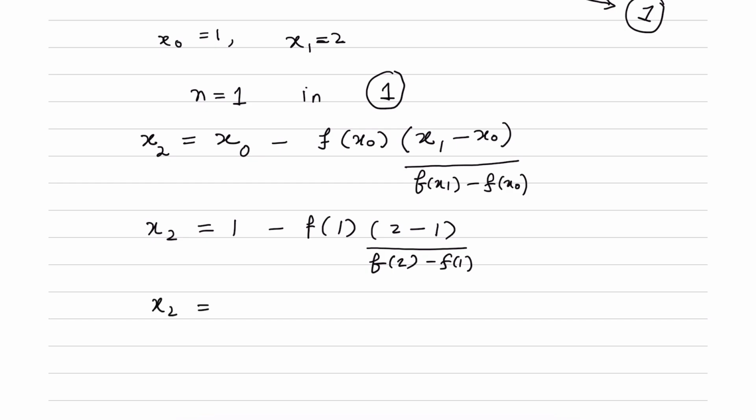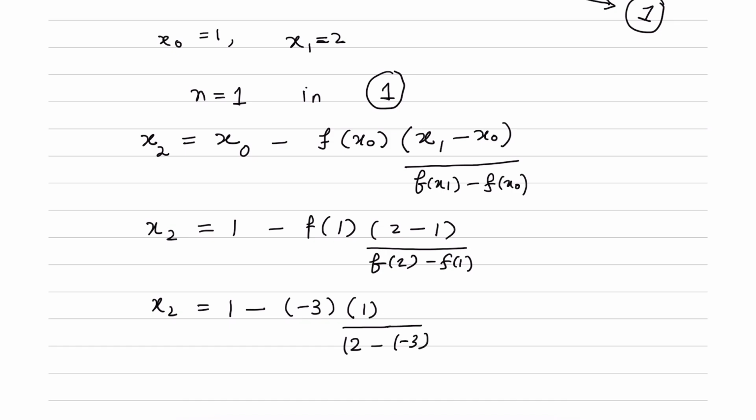We have x2 equals 1 minus f of 1, which is minus 3, times 2 minus 1, which is 1, whole divided by f of 2, which is 2, minus f of 1, which is minus 3.